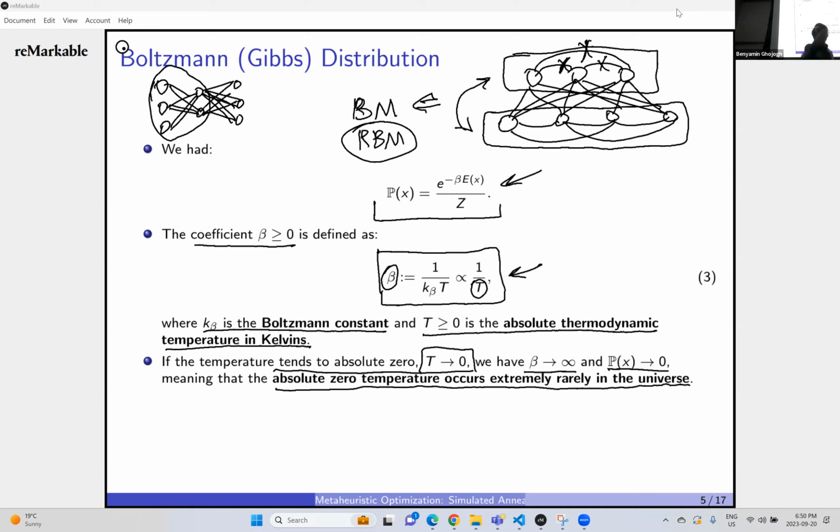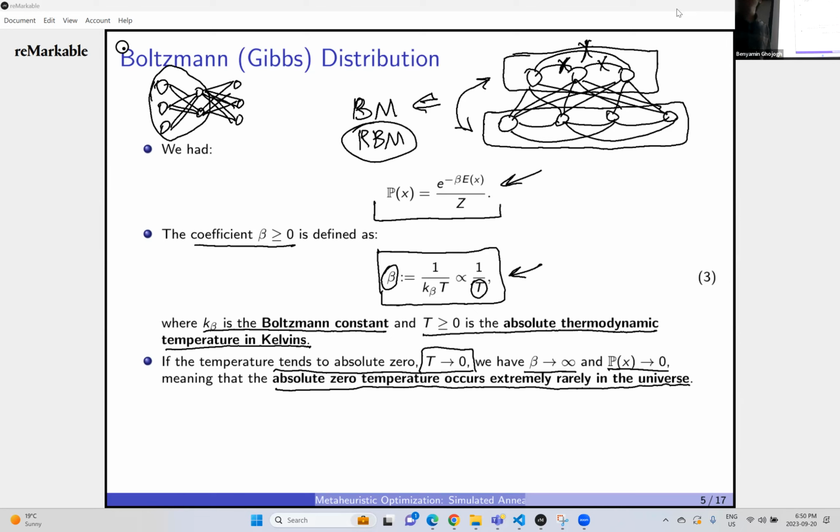In physics, you can't ignore it. Here, we are using this in our algorithm, so we can set it to 1. We can ignore it, right? Because we're doing computer programming. In physics, you shouldn't do that. If the temperature goes to 0, T goes to 0, then according to equation 3, beta goes to infinity, right? And if beta goes to infinity in the Boltzmann distribution, e to the minus beta x goes to 0.